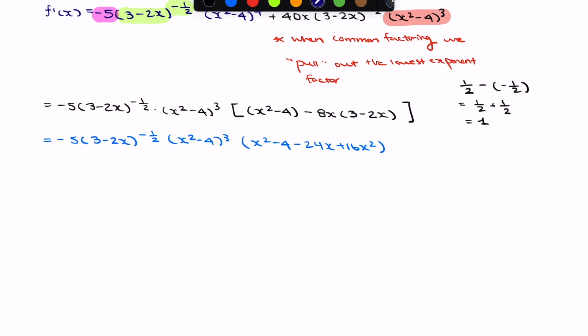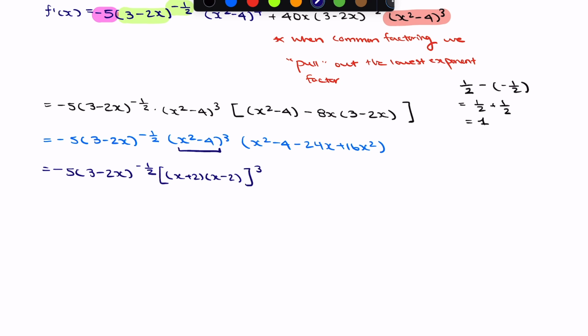So here, this is a difference of squares. So let's expand that. So here with negative 5 (3 minus 2x) to the power of negative 1 over 2, (x plus 2)(x minus 2) to the power of 3.